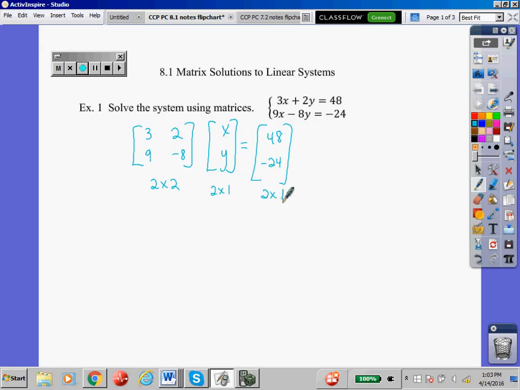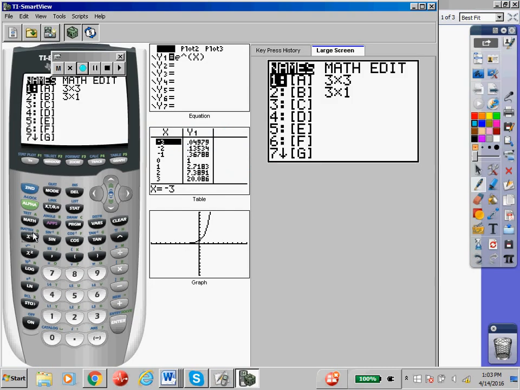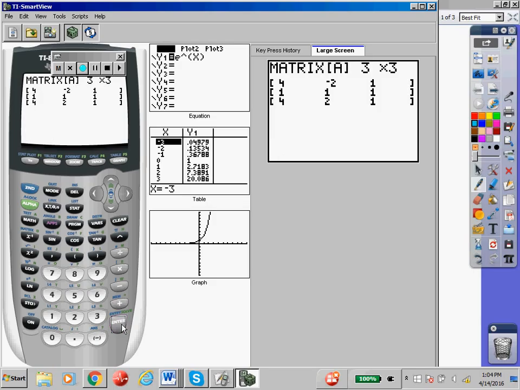So here we go. You guys ready? Go to the calculator, and we're going to do second matrix, arrow to edit. Again, second matrix, arrow to edit. Now on A, we've got to change the dimensions. It's a 2 by 2. So matrix A is always going to be the coefficient matrix.